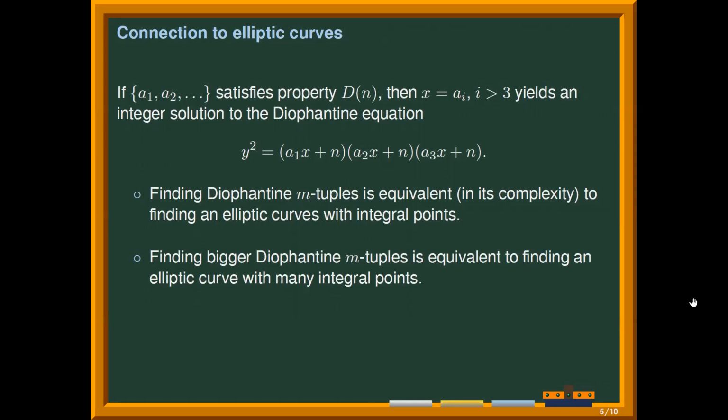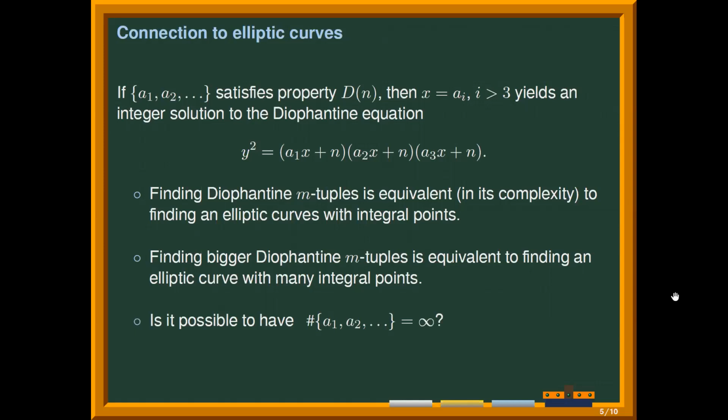I hope this is a clear statement for people. And then what one can also expect from this equivalence is that because finding an elliptic curve with many integral points is quite hard, finding bigger Diophantine M-tuples is also a pretty hard computation.